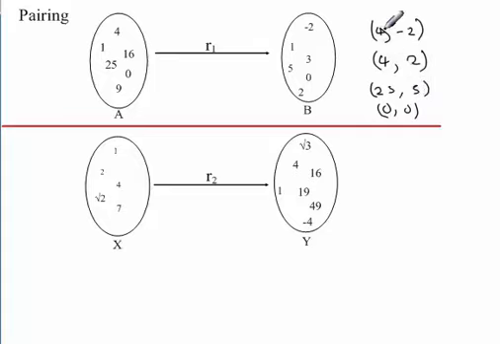So once I see a first coordinate paired with more than one value, then I know that's not a function. But when I come here, I can relate 1 with 1, and 2 with 4, and 7 with 49, and then 4 and 16.